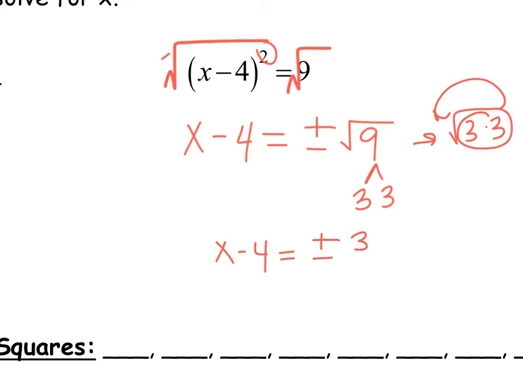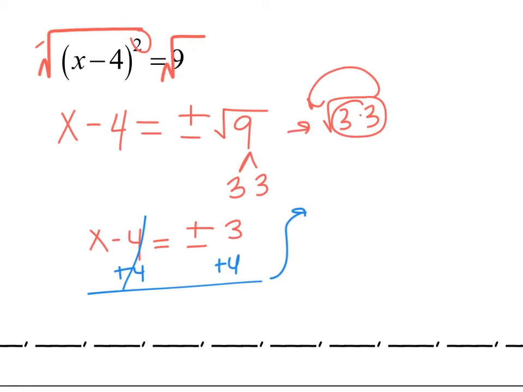Now to get rid of my 4 that's being subtracted, I add 4 to both sides. So my negative 4 and 4 cancel, so I end up getting, I'm going to move over to the right, x equals 4 plus or minus 3.